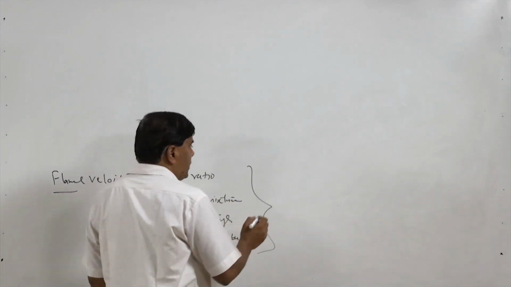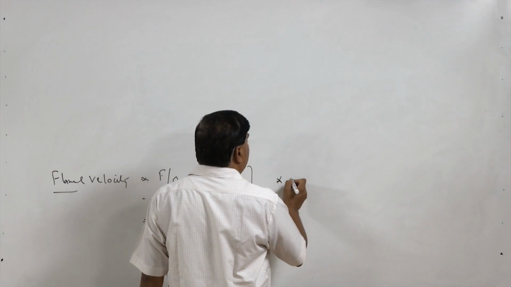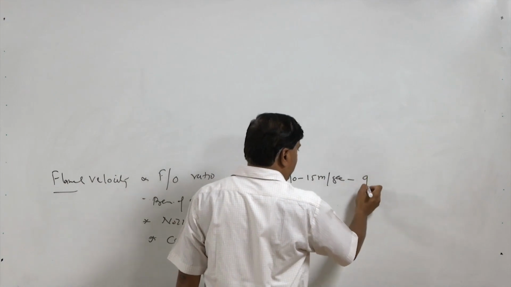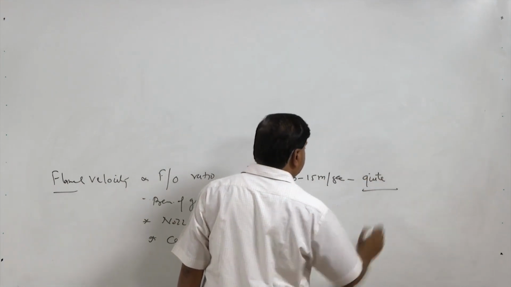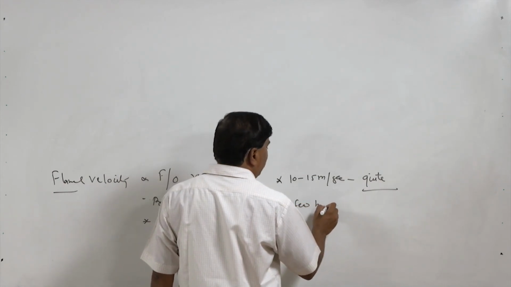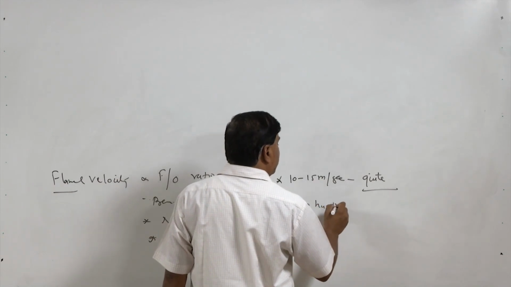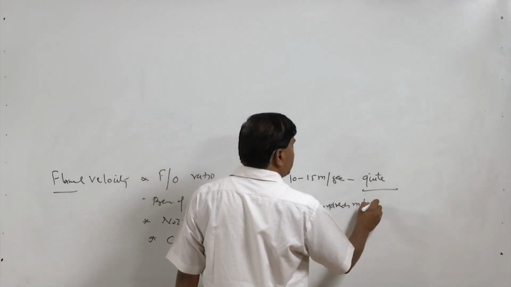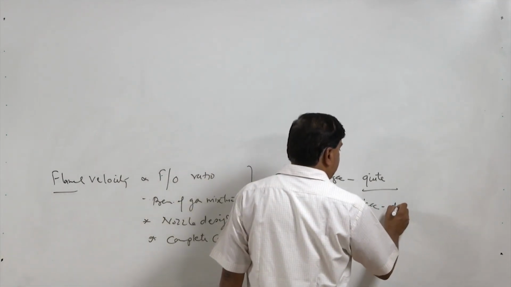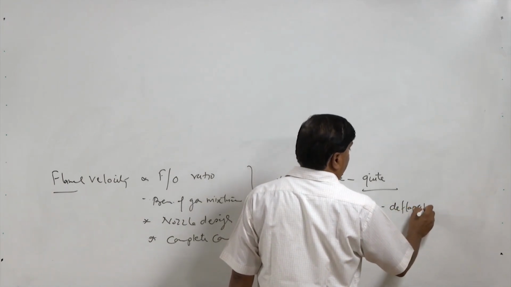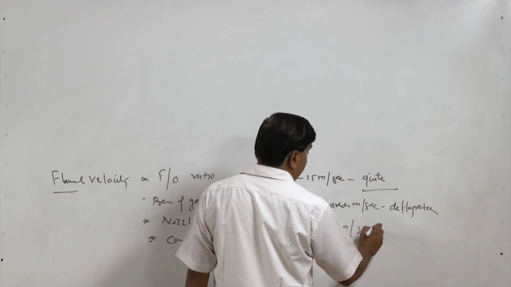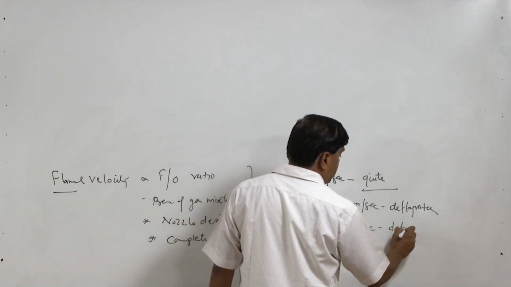When the velocity of the flame is in the range of 10 to 15 meters per second, the flame is called a quiet flame. When it is a few hundred meters per second, like 300, 400, 500 meters per second, it is called a deflagration flame, and when it is greater than 1000 meters per second, the flame is called detonation.